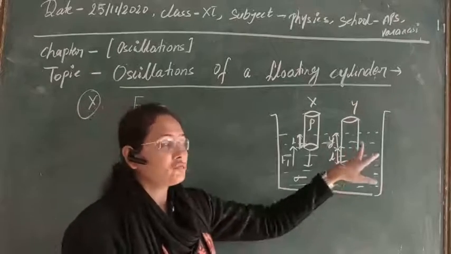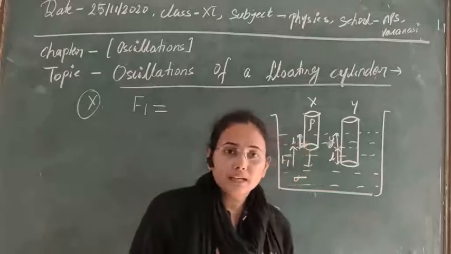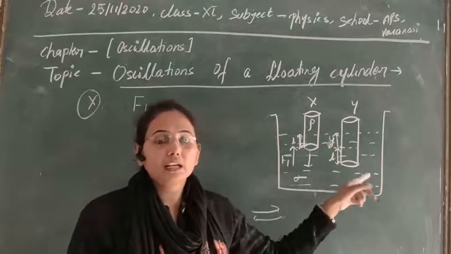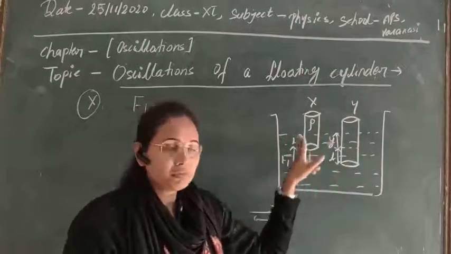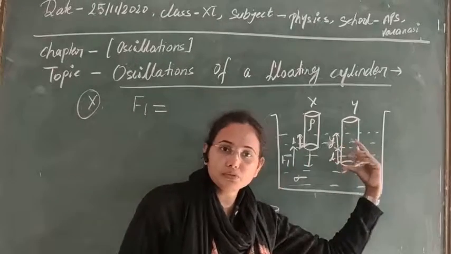Which means the restoring force will now change according to the displacement. So here we see that the restoring force is directly proportional to the displacement produced in the cylinder.